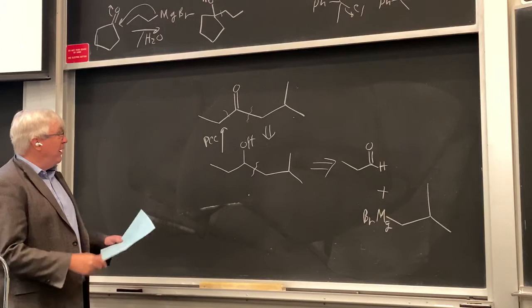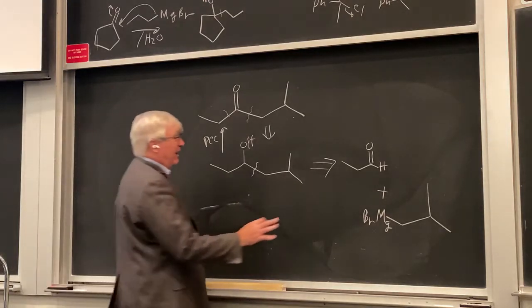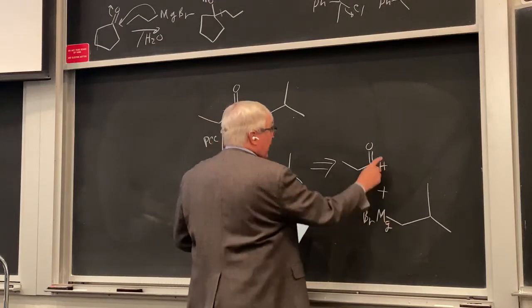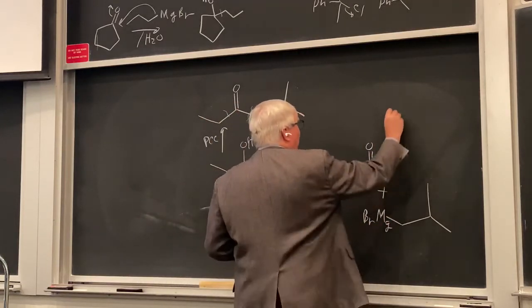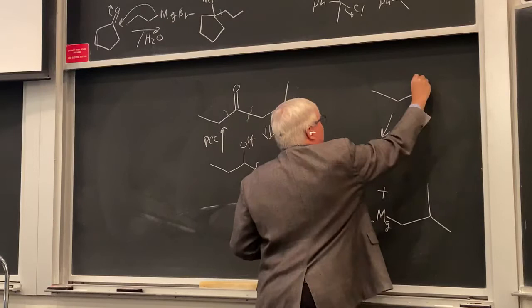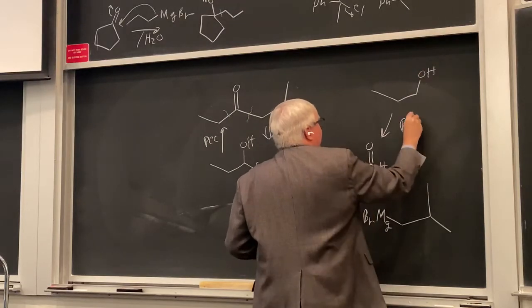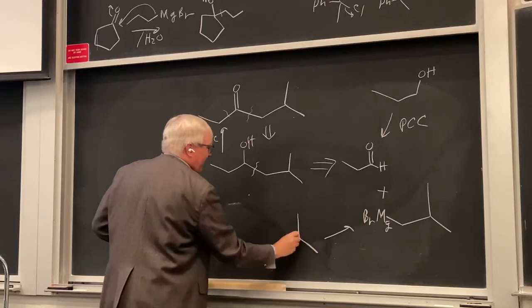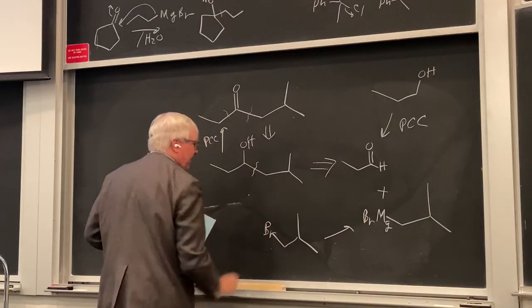Okay. And let's see, what do we get there? We get the Grignard reagent. The aldehyde would have to come from the alcohol, again PCC, and the Grignard here would have to come from the bromide. Yep.